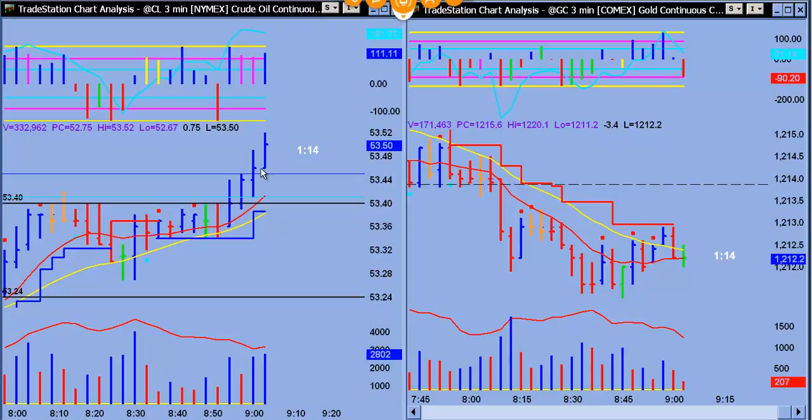That means that blue bars have closed higher than the close of the previous bar. If it's a blue bar previous and the next bar closes at the same level, it will be a blue bar, and conversely red bars will stay red until the previous close is taken out by the close, and then it'll be an up bar.